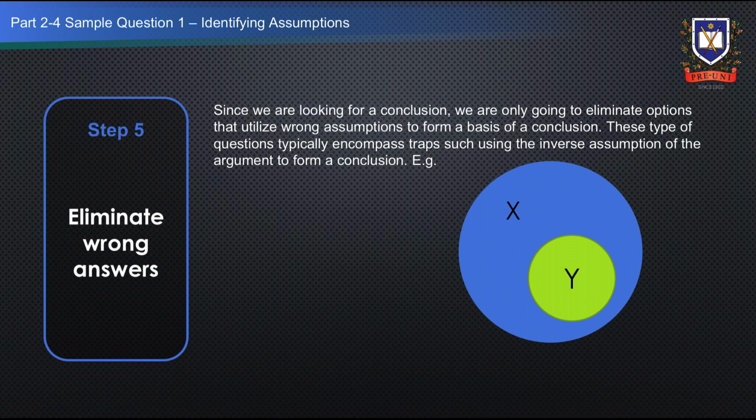These types of questions usually have trap answers which invert the given argument as a supposed correct conclusion. This is typically not the case. For example, saying all x is y does not necessarily mean that all y is x also. Make sure to read the argument and conclusion properly to ensure that you do not fall victim to these types of assumptions.